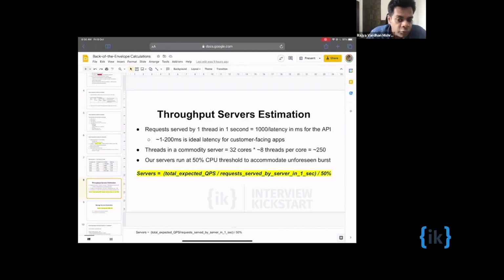Either your interviewer has provided this number to you, or you have taken an educated guess. Then you divide it by the requests served by a server in 1 second, which means how many threads there are and how many requests those threads serve in 1 second. Divide by 50%. That gives you the number of servers.